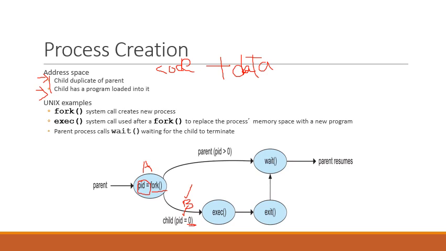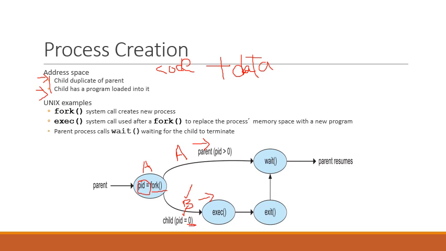So in this case, this is the execution path of process A, and this is the execution path of the new process, process B, which is the child of process A.